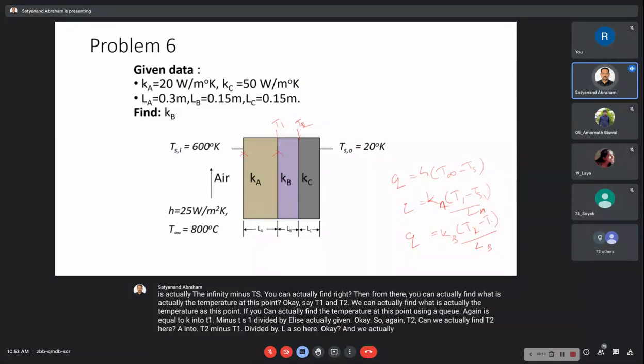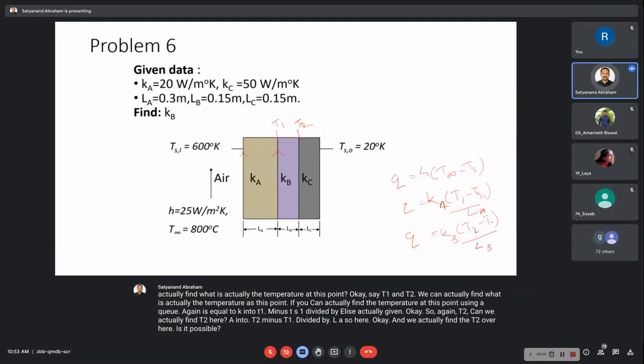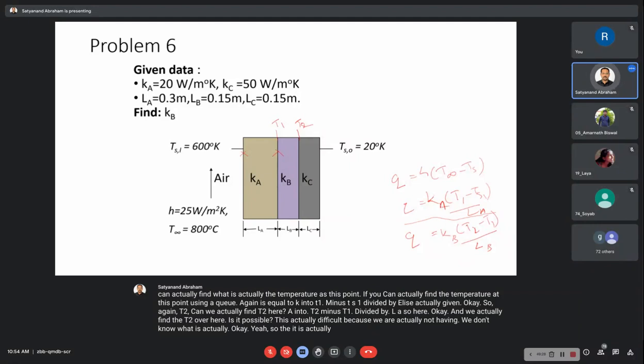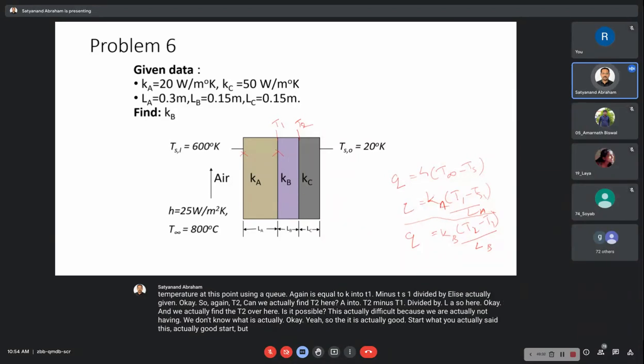Can we find T2 over here? It is difficult because we don't know Kb. So it is a good start, what you said, but we are stuck in between.